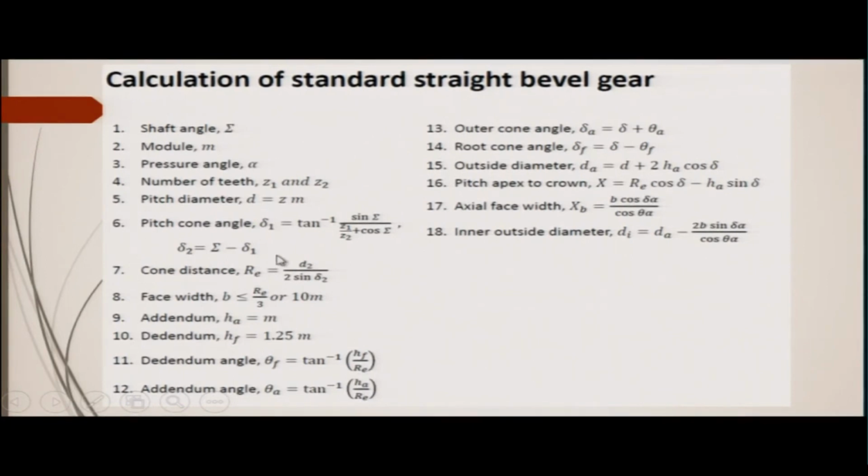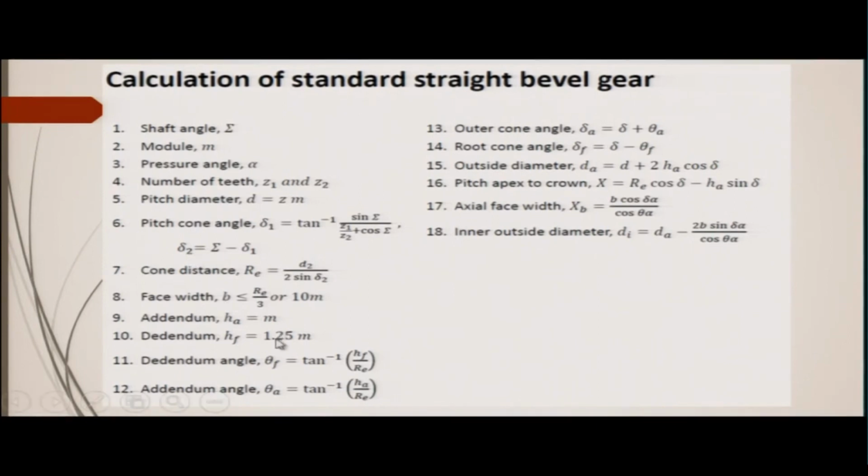Okay. So, RE can be found out from the pitch diameter of the second gear, the output gear, and the pitch cone angle of the second gear, 2 sine of that angle. All right. Pitch cone angle is given here for one gear, and the shaft angle minus this pitch cone angle will be the pitch cone angle of the second gear.